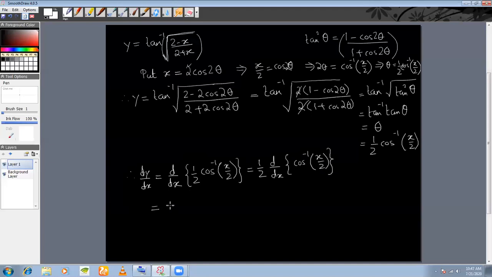Differentiation of cos inverse is what? Minus 1 by square root 1 minus x square, into the d dx of x by 2.